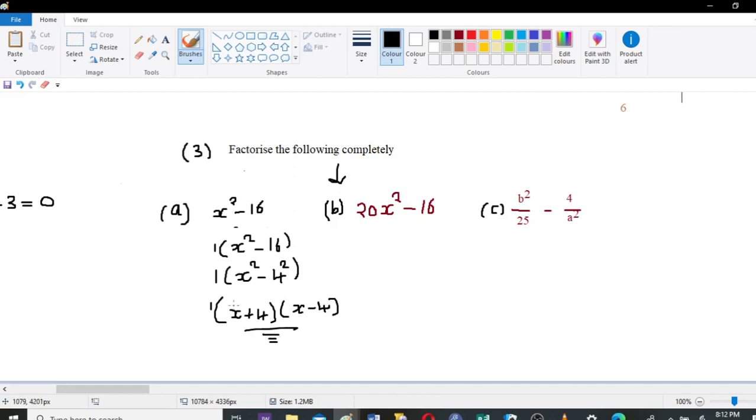So look at this. If we multiply x times x, we are getting back to x squared, right? Then positive 4 times negative 4, we are getting back to negative 16, being written in that form, that is in index form. So you see that from here we are going to the previous step.